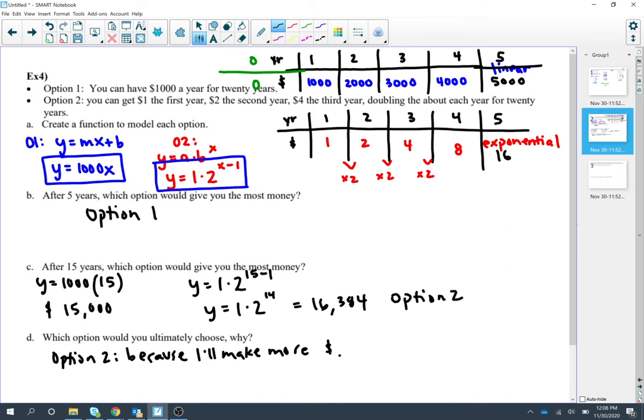But in the long run, after 15 years, here I'm making 15,000. Here I'm making 16,000. So the longer I go, if I double 16,000, that's $32,000. Versus over here, I would just add another 1,000, which is 16. So in the long run, ultimately, I'm going to choose option 2. I'm going to make more money because it's exponential growth. And exponential growth eventually is always faster or more than linear.